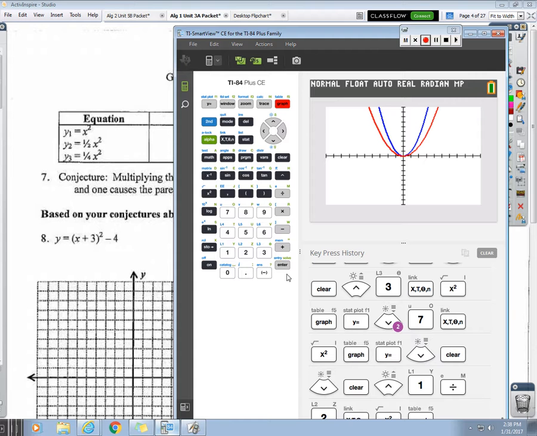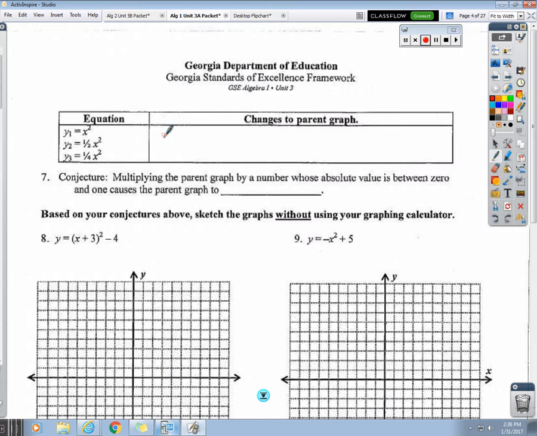It gets wider, right, or fatter. Okay? So it gets fatter, or you could say wider, however you want to say, and that's known as a vertical shrink.